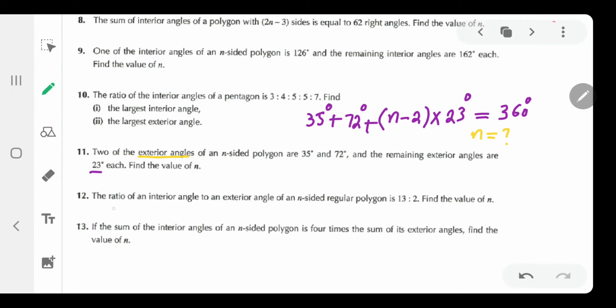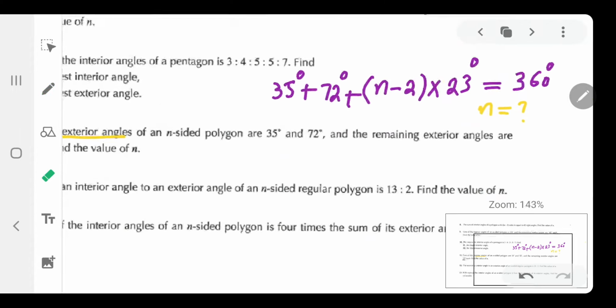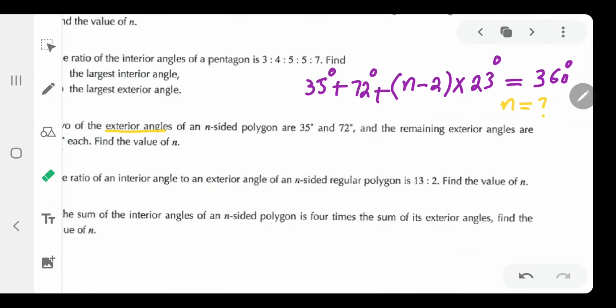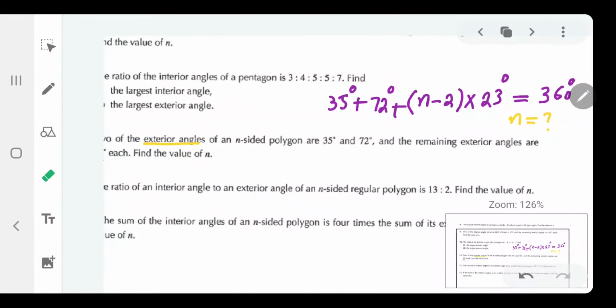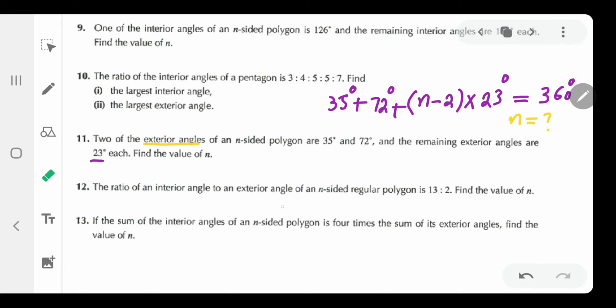Now we have question number 12, which says that the ratio of interior angle to exterior angle of an n-sided polygon is 13:2. Find the value of n. Because the ratio is 13:2 and we are more interested in finding the number of sides, we can find it, since this is a regular polygon, if we know the exterior angle.